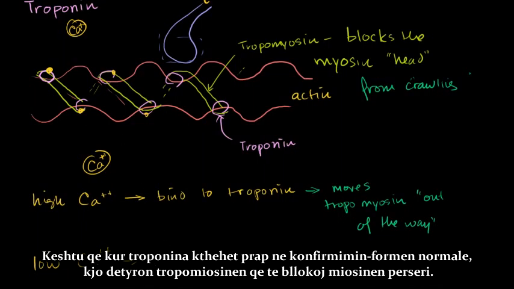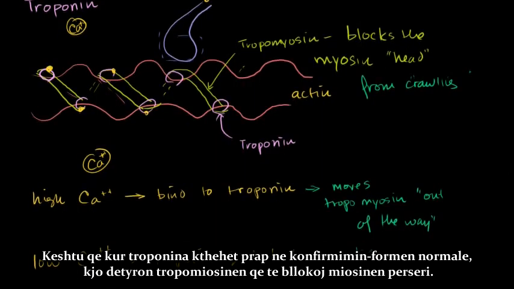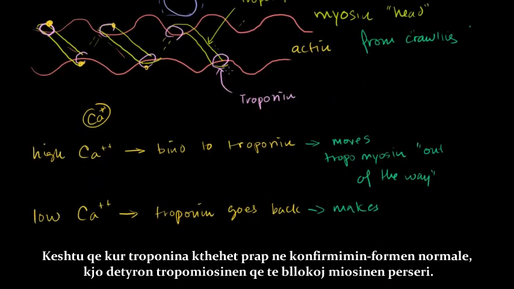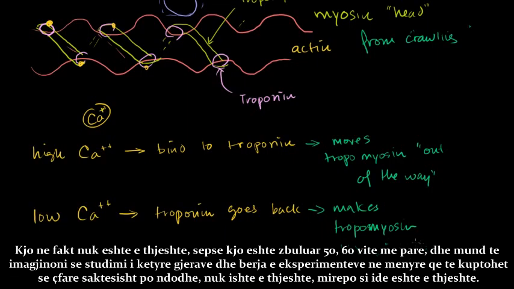So then the troponin goes back to, I guess, the standard conformation, and that makes the tropomyosin block the myosin again.